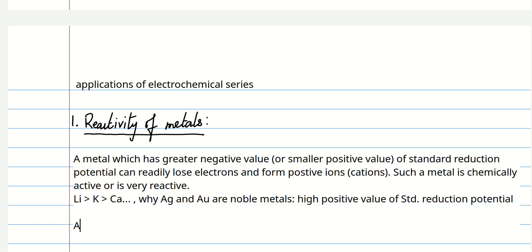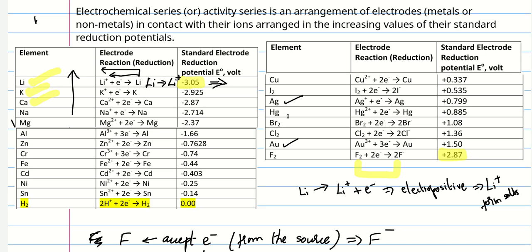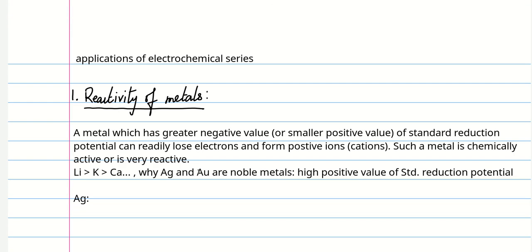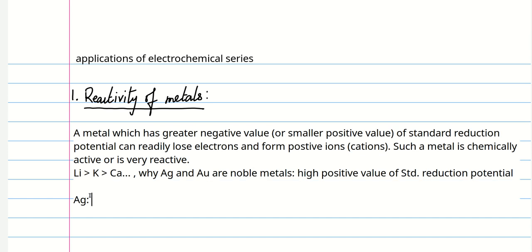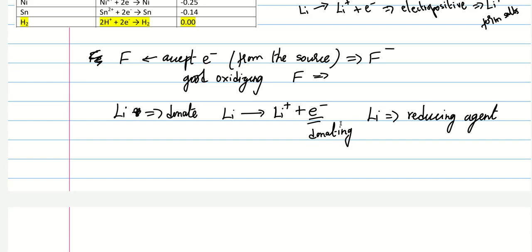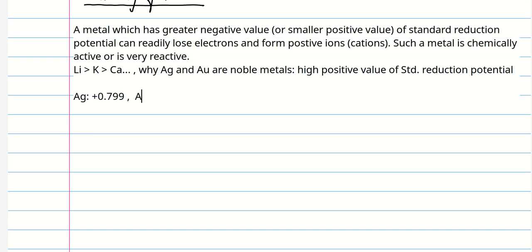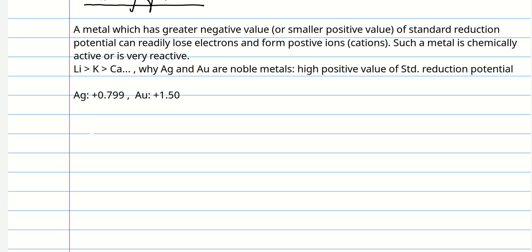From the table we can see that silver has a standard reduction potential of plus 0.799, while gold must be even more positive. Gold has a value of plus 1.5. So that's the first application.